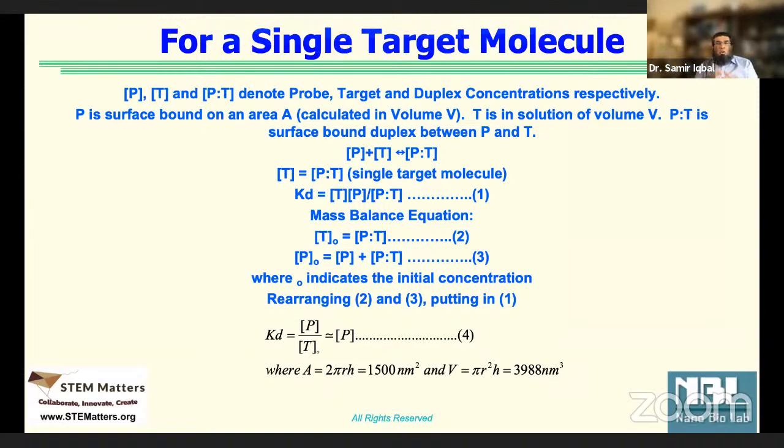Then overall, the probe change is that there are all the probes, and one molecule which is bound with the target, and that becomes equation 3, right? From there, we can find the binding affinity, which is the concentration of the probe divided by the concentration of target at the start. We have to go through simple manipulations to find the binding affinity.